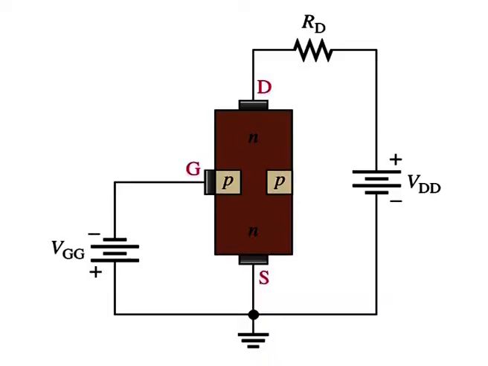Basic operation. To illustrate the operation of a JFET, figure here shows DC bias voltages applied to an N-channel device. VDD provides a drain to source voltage and supplies current from drain to source. VGG sets the reverse bias voltage between the gate and the source.